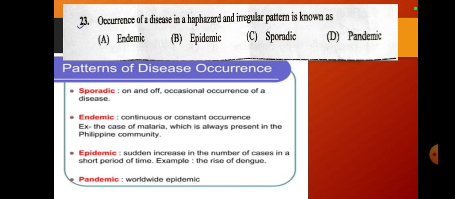Example, the rise of dengue. And pandemic means worldwide epidemic. So the answer is C, sporadic. Occurrence of a disease in a haphazard and irregular pattern is known as sporadic.